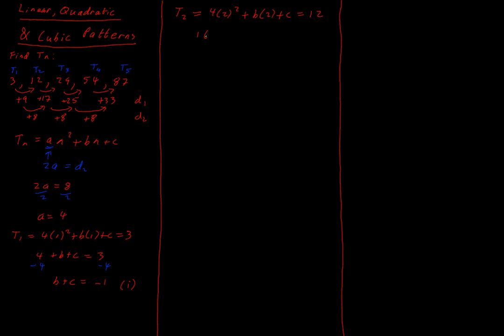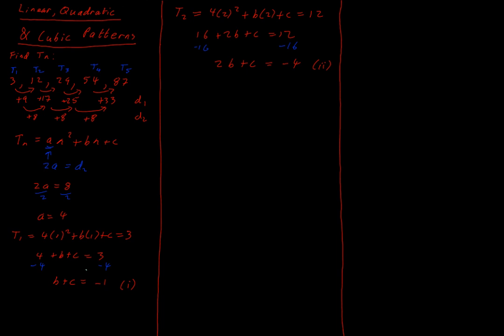So we end up with 16 plus 2b plus c is equal to 12. Rearrange that the same way so that we have B and C on one side and the numbers on the other. This is just a convention to make it comfortable for us to do our simultaneous equations, but it's an important convention so we don't make a mistake. And I'm going to call that equation 2.